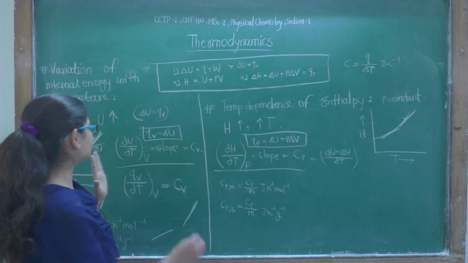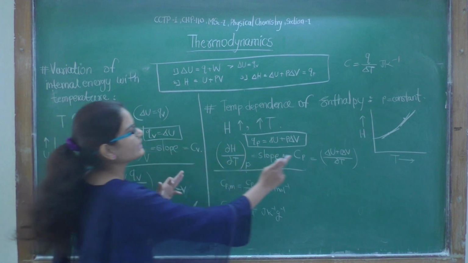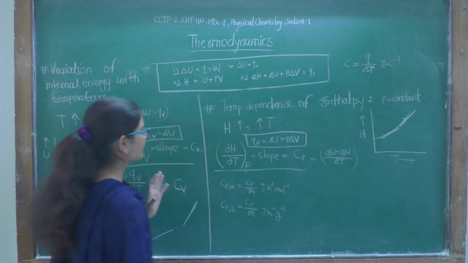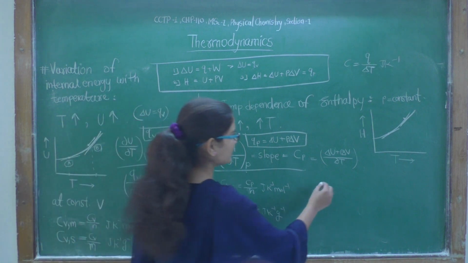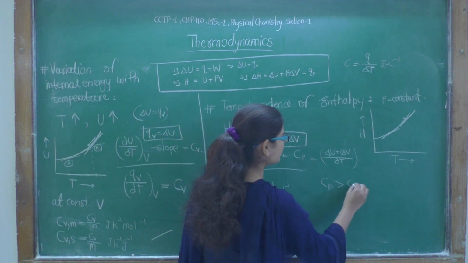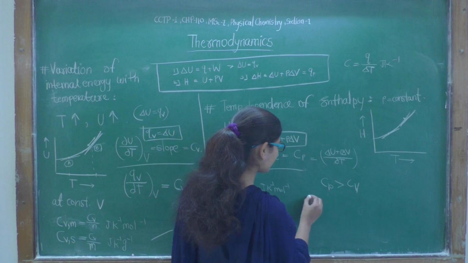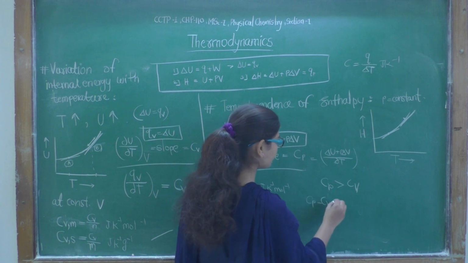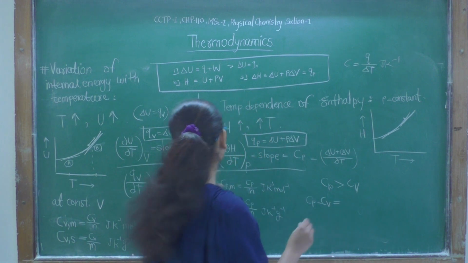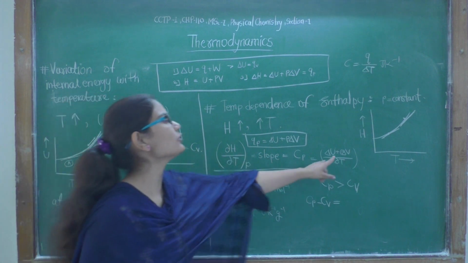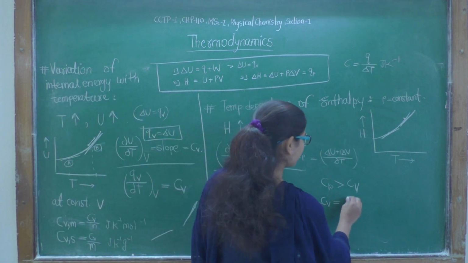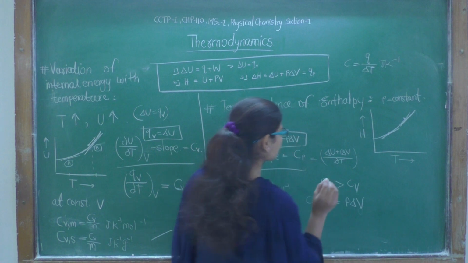We can see here only delta U, here delta U plus P delta V. Therefore, the value of Cp is greater than Cv, and Cp minus Cv will be just the difference of P delta V. So if we calculate P delta V, we will get Cp minus Cv.